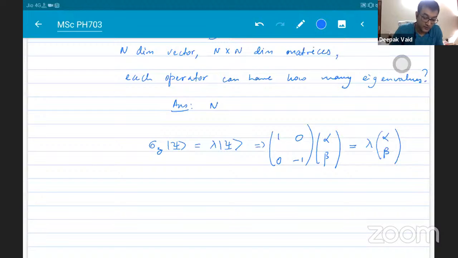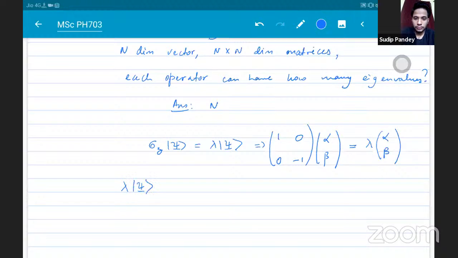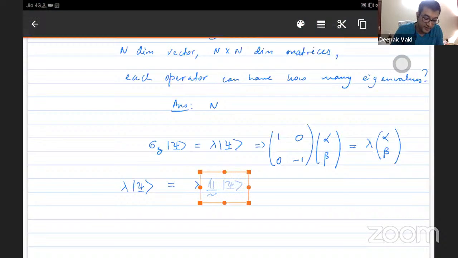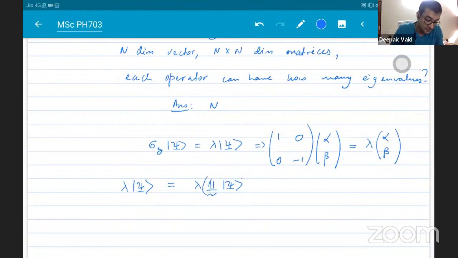Now to solve this, we'll use a small trick: if I have some number times psi, that can also be written as the number times the identity matrix times psi. Why? Because identity matrix times psi is equal to psi. And then this can be written as lambda times the identity matrix times psi.